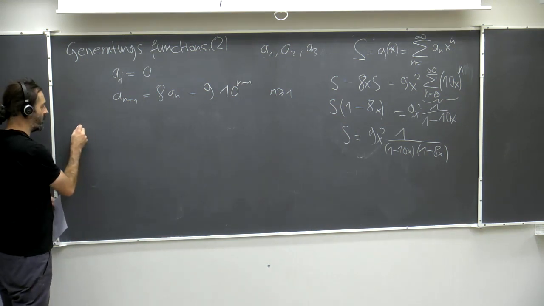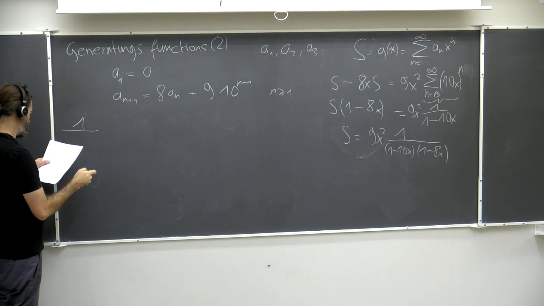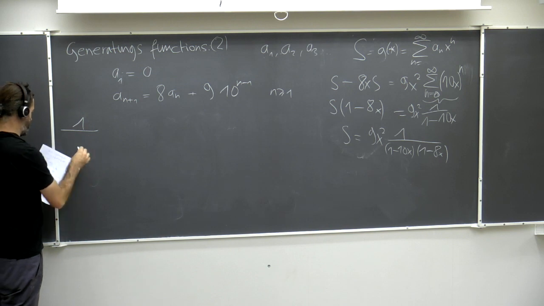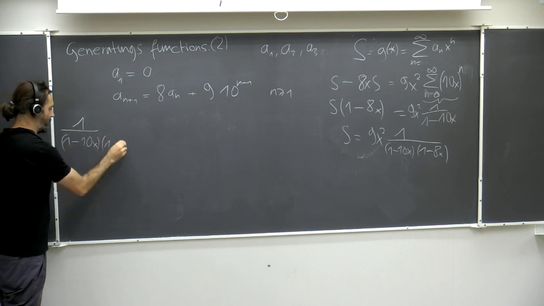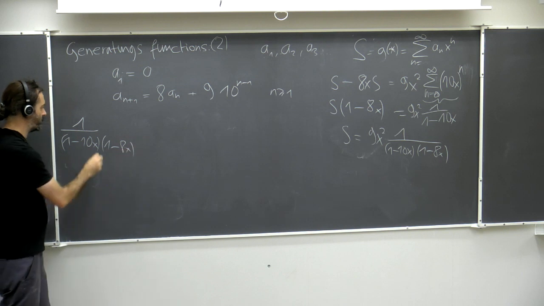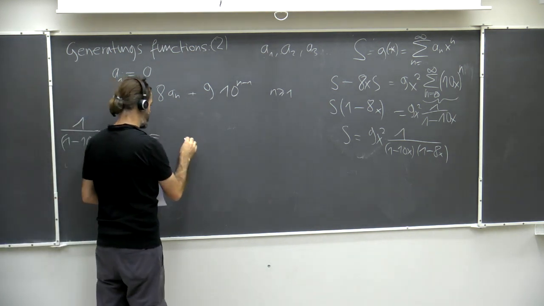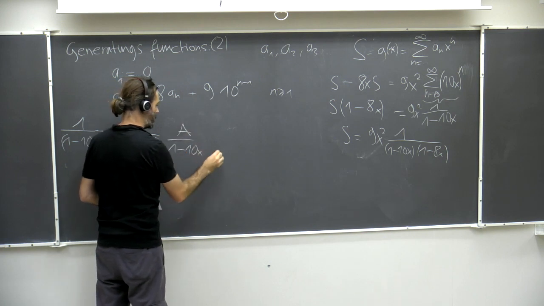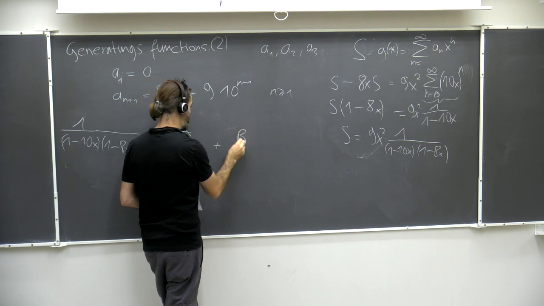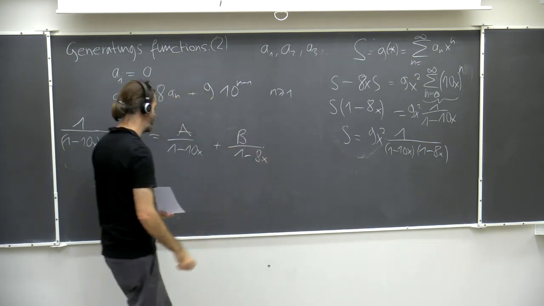So we try to write 1 over 1 minus 10x times 1 minus 8x in the form a over 1 minus 10x plus b over 1 minus 8x.